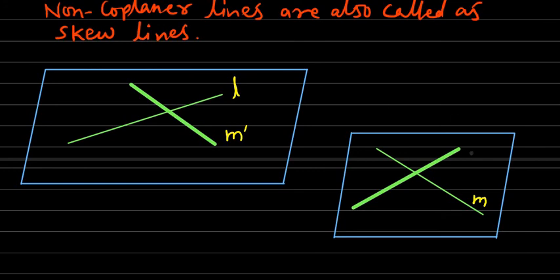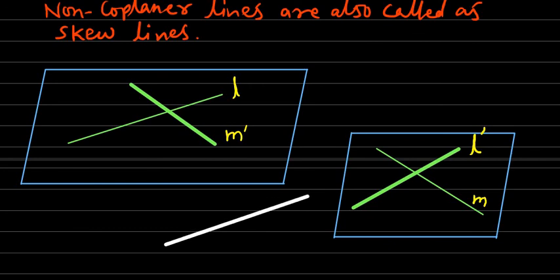So the angle between given lines L and M is the same as the angle between L and M dash, or the angle between L dash and M. Or there is a third method, which is to draw lines which are neither in the first plane nor in the second plane and parallel to the given lines L and M. We'll draw a line which is parallel to the line L. Suppose this is the line which is parallel to the line L.